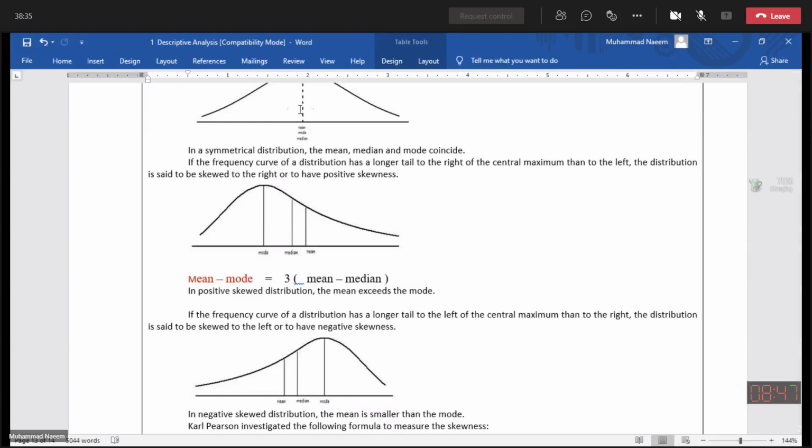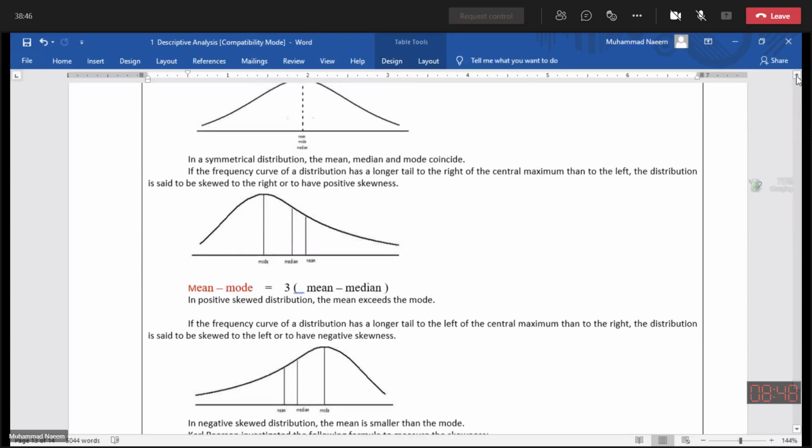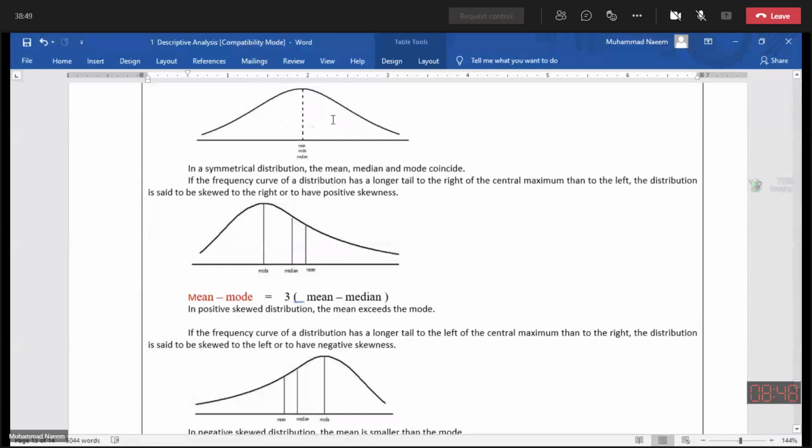If we could find out this measure and come to know that the distribution is normal and symmetrical, then the mean, mode, and median will fall at the same point in the center against the highest peak. So this is an important advantage for further analysis.